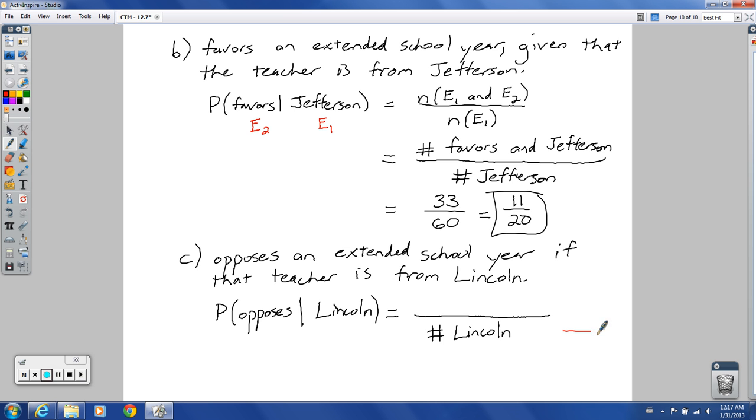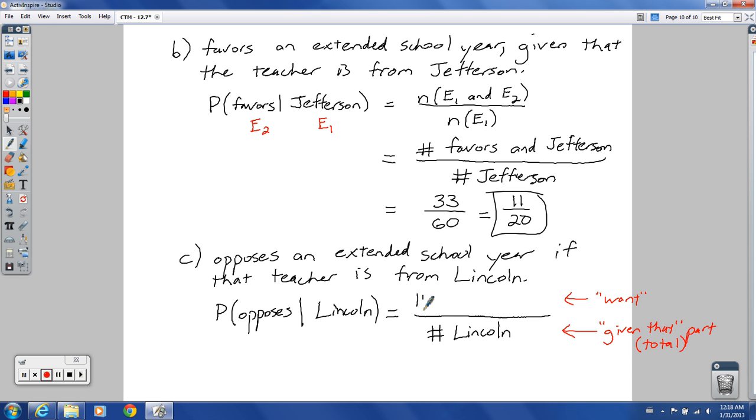So let's put that in a different color. This is the given, or given that part. That's going to go on the bottom. That's what you have as your total things to choose from. And then this is still what you want on the top. So given that becomes your total now. What you want over the total, still the same idea as before.